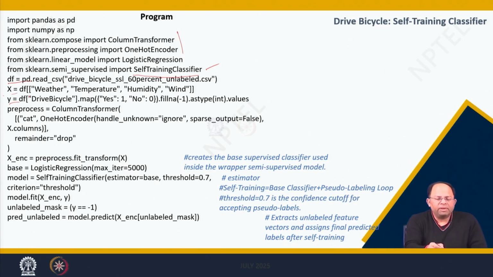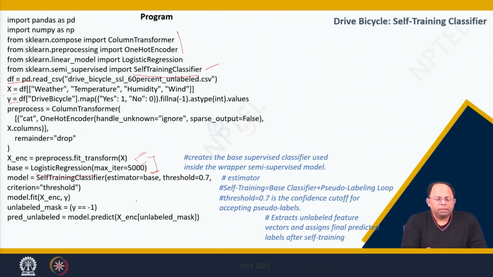Then the X values and Y values are stored, and we do the pre-processing using a one-hot encoder. Once that is done, the pre-processed data is transformed, and then we determine that logistic regression would be the base classifier. So within the wrapper, logistic regression becomes the base classifier, and 5000 is the number of iterations it will do, to ensure there is convergence, or even if there is no convergence, the value would be more or less accurate.